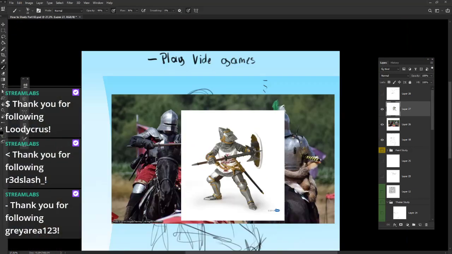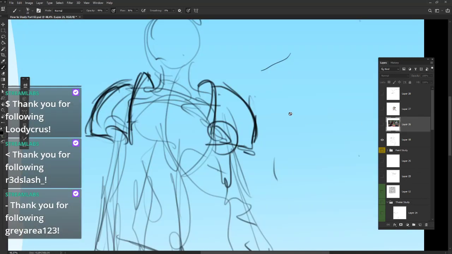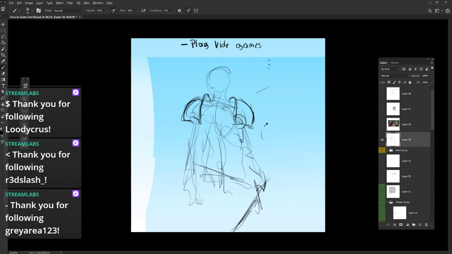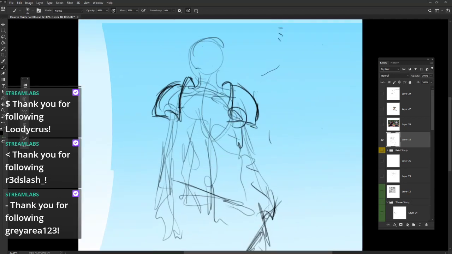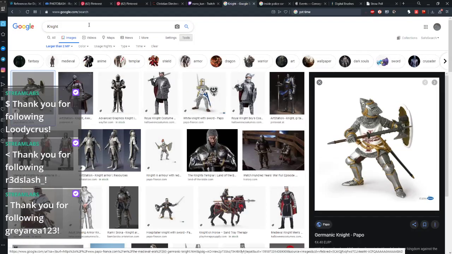That's one thing. The second thing is actually if you go with the intention of what you want to draw. I want to draw an armored knight, and I know for a fact I need different types of helms.